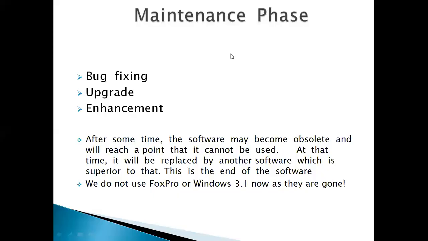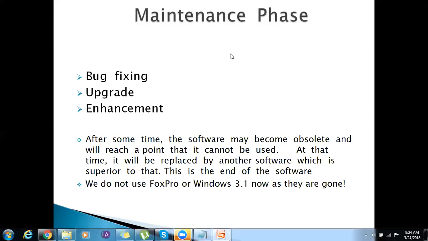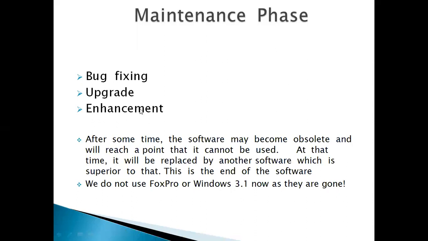In this maintenance phase, there are two or three things included in SLAs, like bug fixing. If there is an upgrade or an enhancement, everything will be covered in this maintenance phase. After some time, the software may become obsolete and reach a point where it cannot be used.